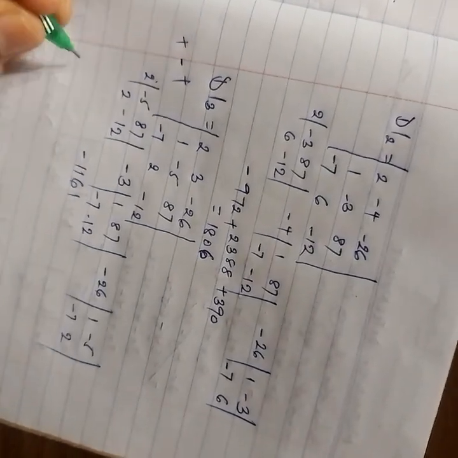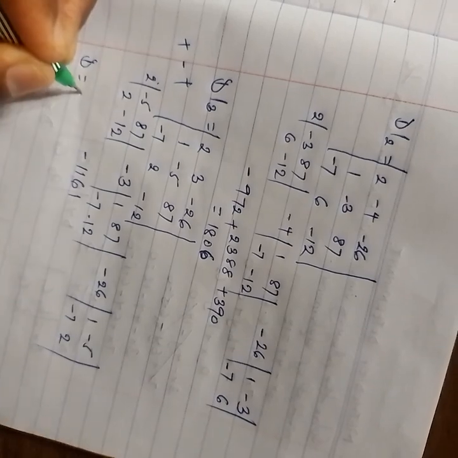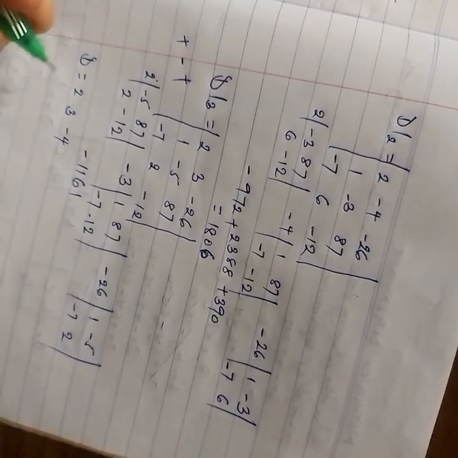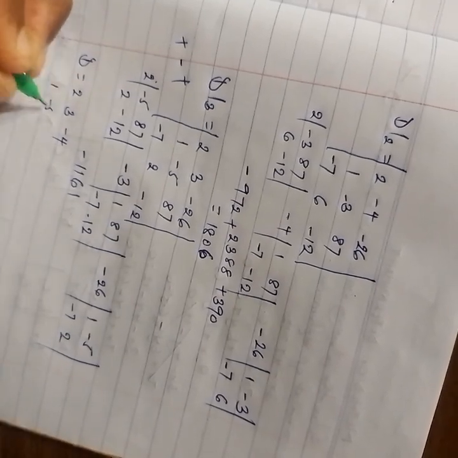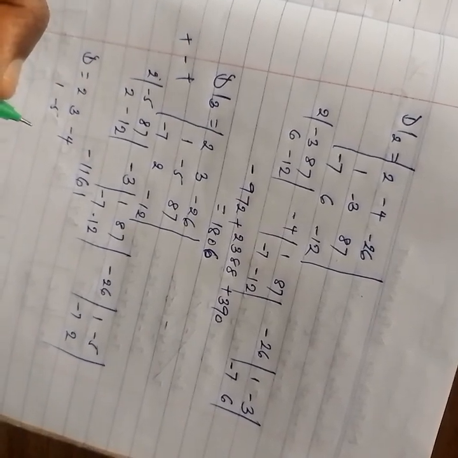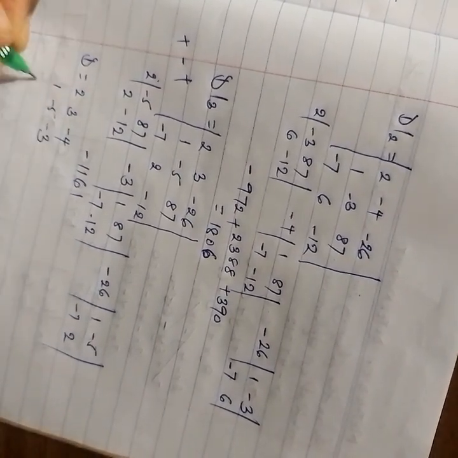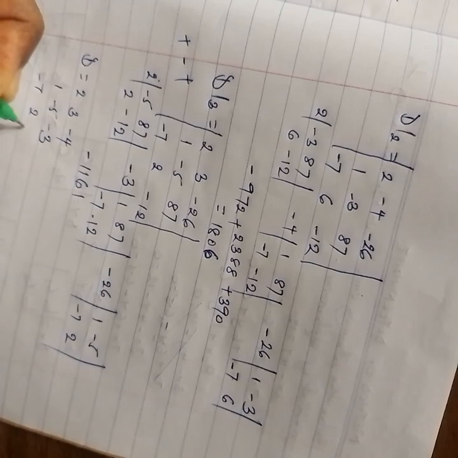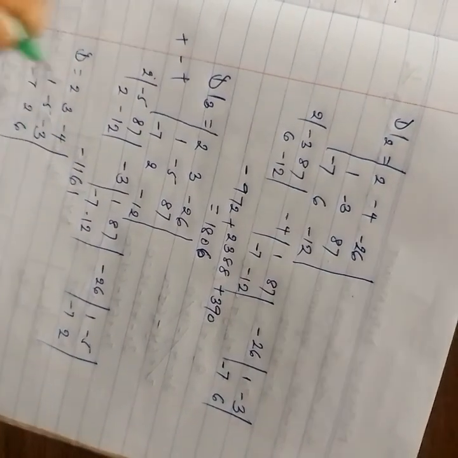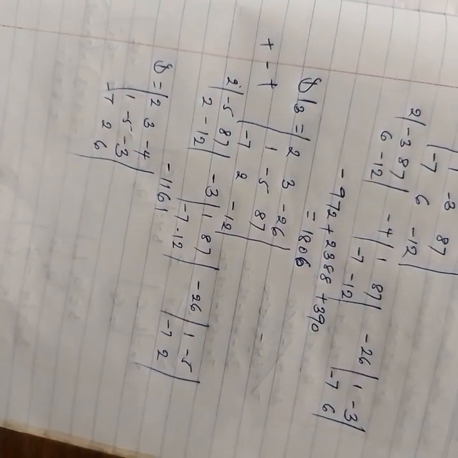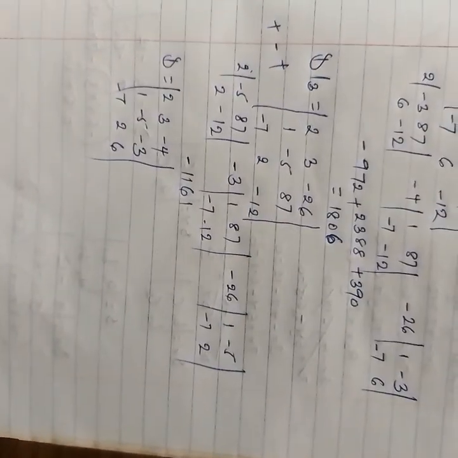Again, we move to D itself. Now that one is 2, 3, negative 4, 1, negative 5, negative 3, negative 7, 2, 6. We put it the way we did the first one.